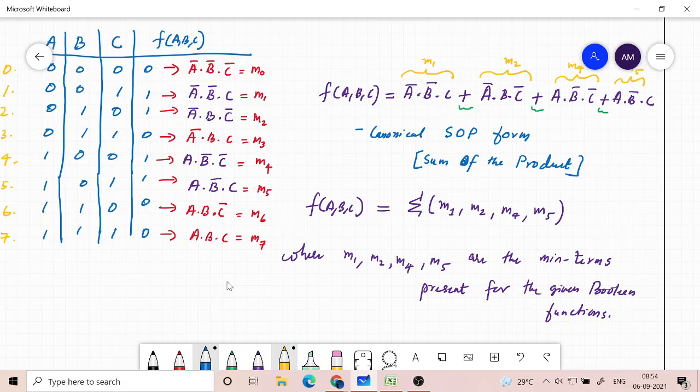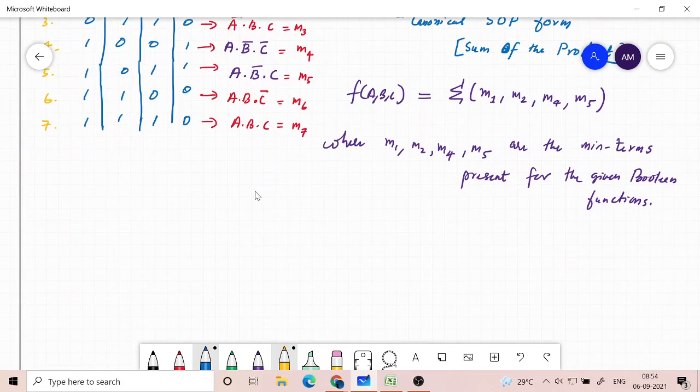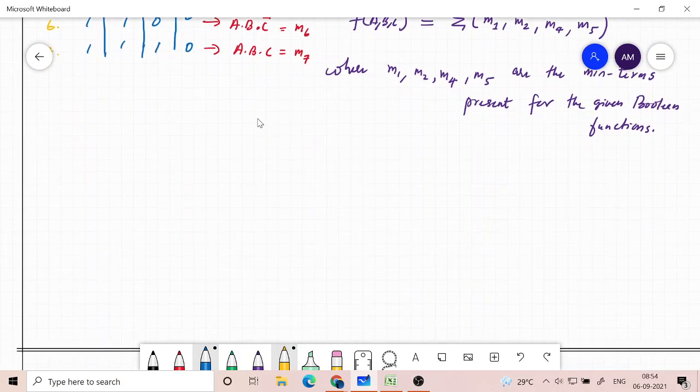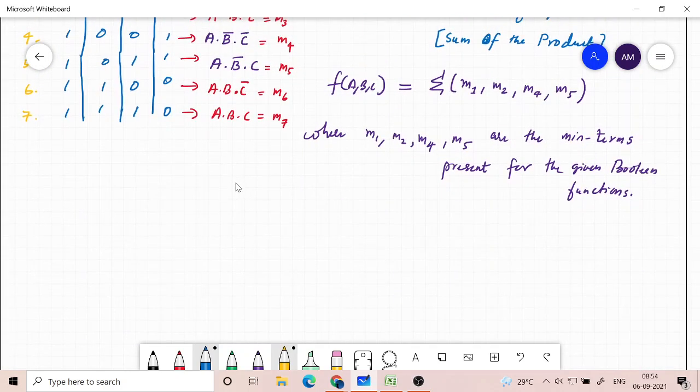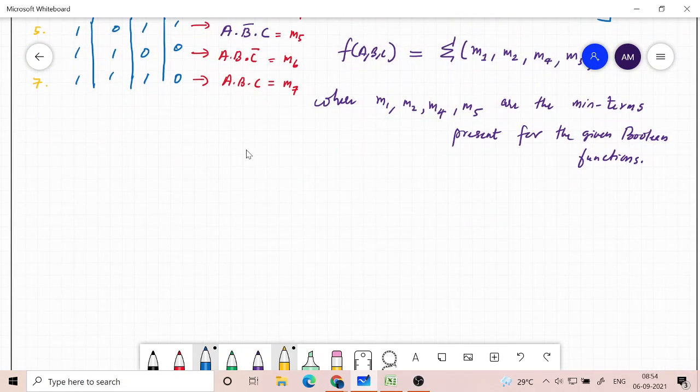In order to specify the given Boolean function, you just need to specify which min terms are 1, which means which min terms are actually giving you 1 in the truth table. If the min terms are given, then we can write down the truth table very quickly. The opposite way we can also go, that is, given the min terms.